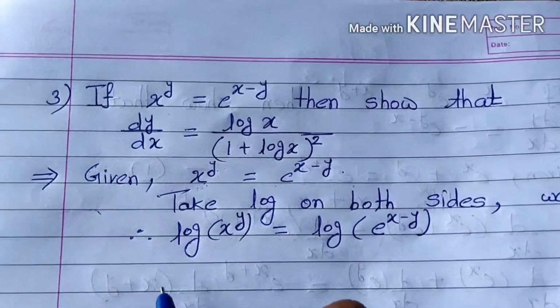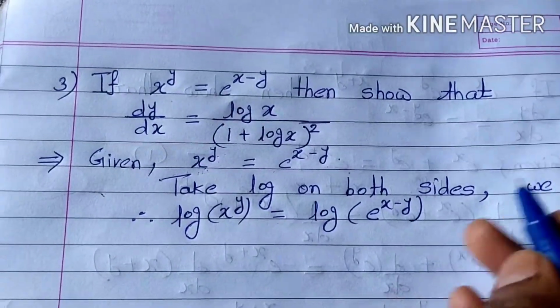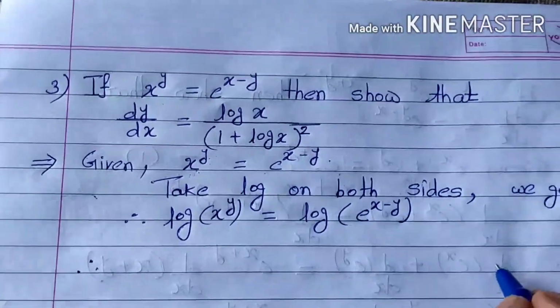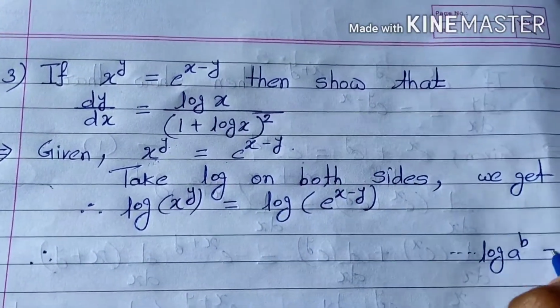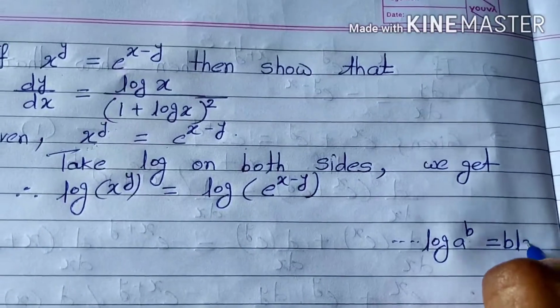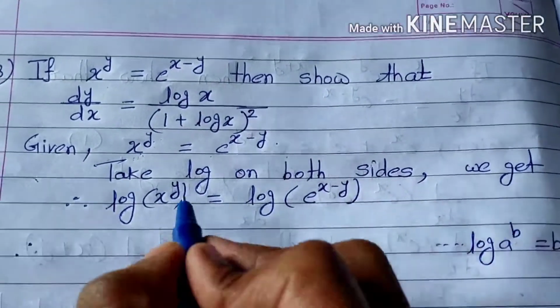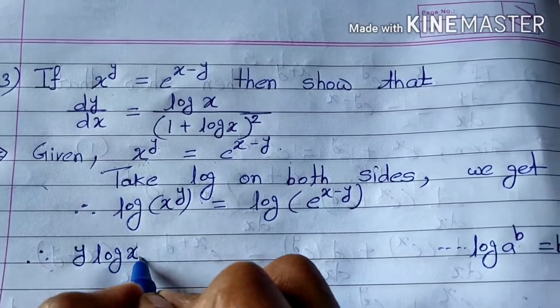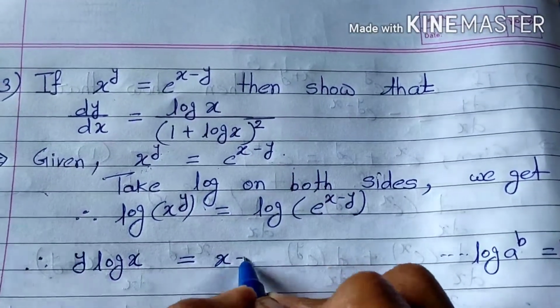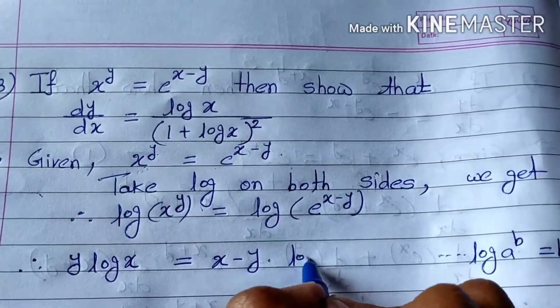Now use the rules of logarithms. What is the rule? Log of a raised to b is equal to b log a. So using this rule, here y log x is equal to x minus y into log e.